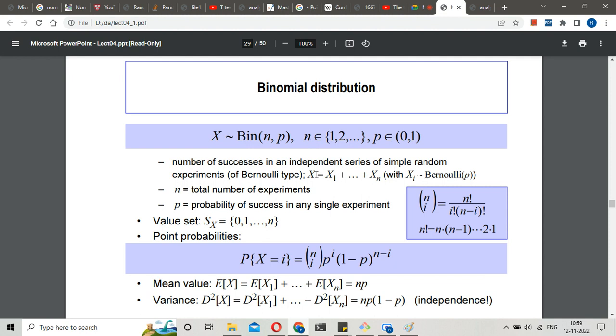Now I ask what is the probability of getting success in any single event, or the probability of getting 3 heads out of 5. How will you calculate it? You can use this formula, nCi, the one written in the bracket.